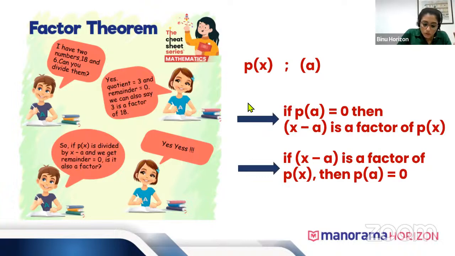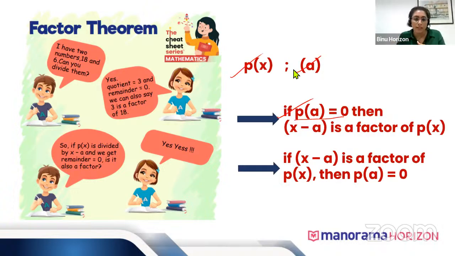Okay. So if you have a p of x, and you have a, which is a real number, any real number. What you have to do, if p of a equals 0. So in the question, some details will be given. Either this will be given: if p of a equals 0, then you have to find the factor.